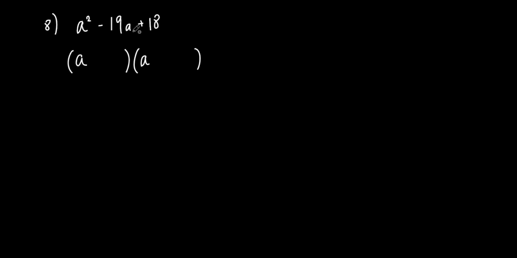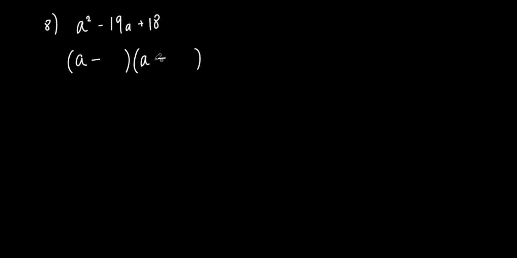This is how I like to do this. Again, you can do it whatever way you want. It multiplies to be positive and adds up to be negative. So both of these signs have to be negative. Because when I go negative times negative, it's got to be positive. When I add the two negatives together, it's got to be negative. Agreed? So I like to do that first. What times what is going to give you 18?